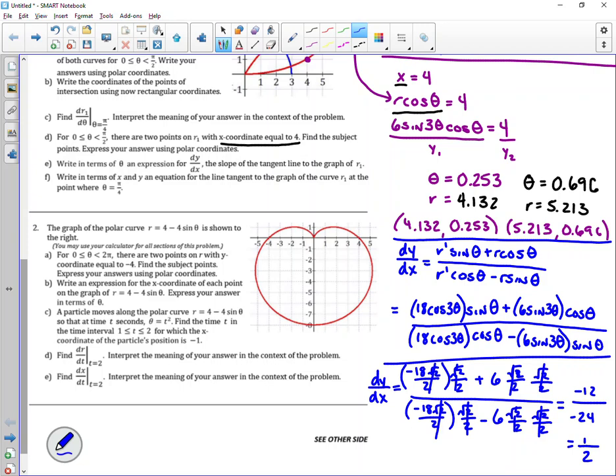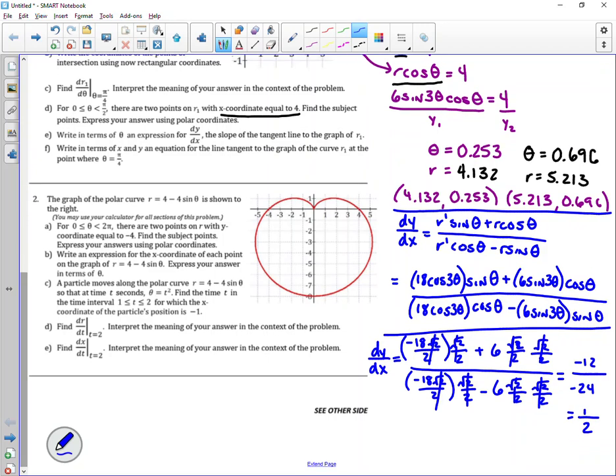All right, we're almost done, guys. Now we have to write an equation. So I need y, right now 1/2 x, but we need x and y. Well, x is r cosine theta, and y is r sine theta.